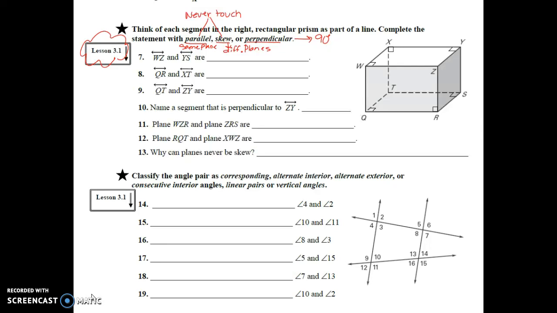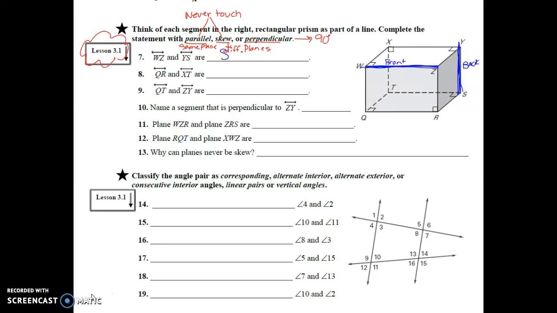So I'm tracing the lines, and I think the best idea is to kind of draw right on your picture. The first one here, if we take WZ across the front and YS up and down in the back, notice that YS again is in the back of the box, and WZ is in the front of the box.